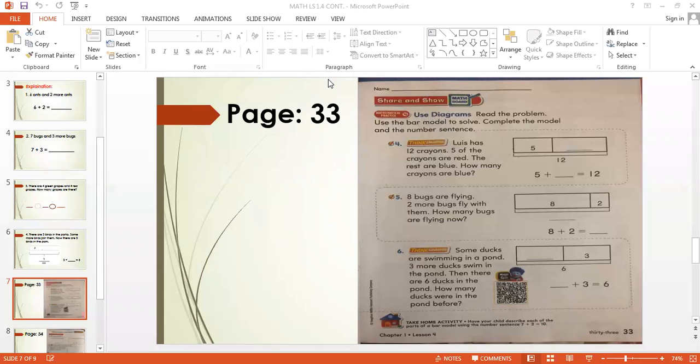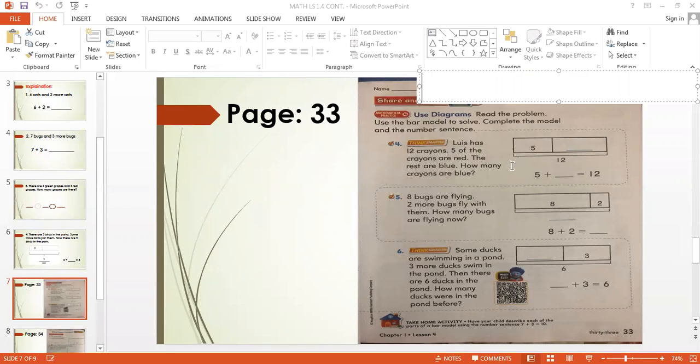Now first, let's write the date on top of your book. CW. What's the date today? 8, 9, 2020.